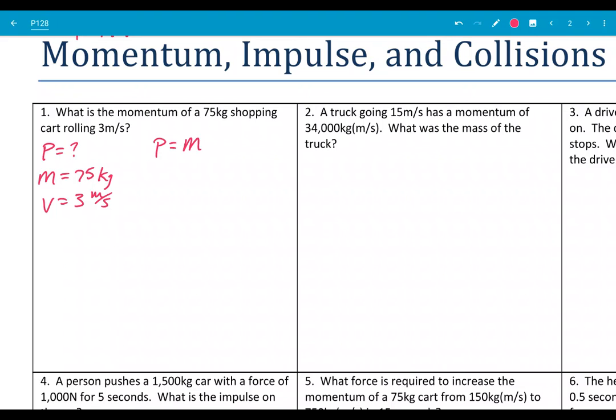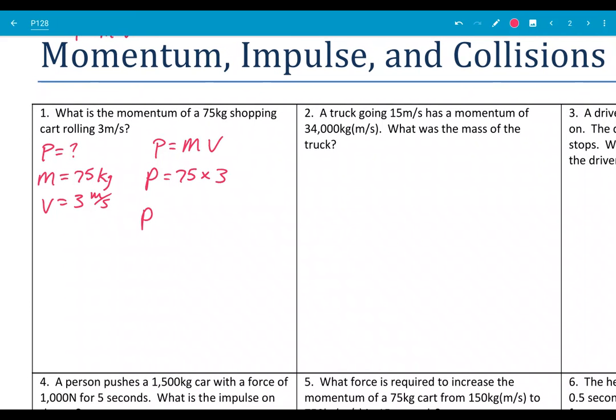Again, our formula is P equals mv. P is unknown, mass is 75, and velocity is 3, right? And so we multiply 75 times 3, and we get, what are we going to get, 225?